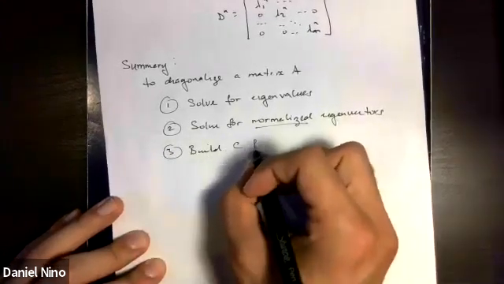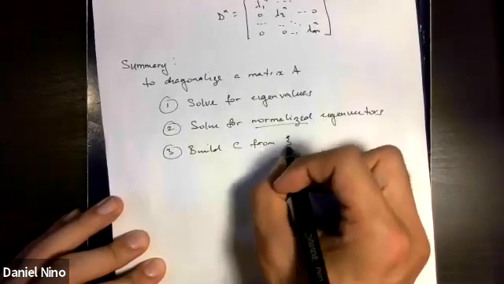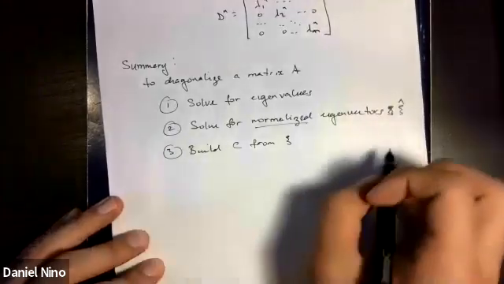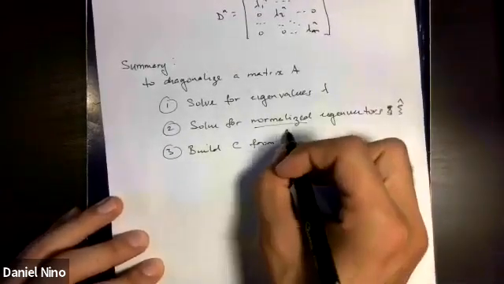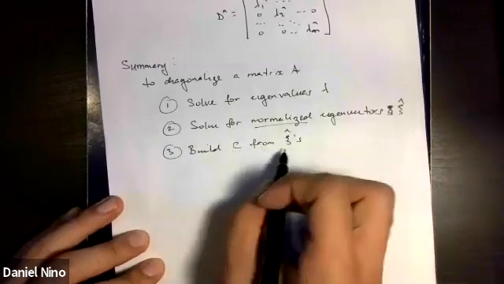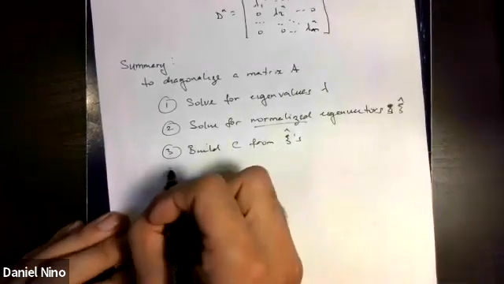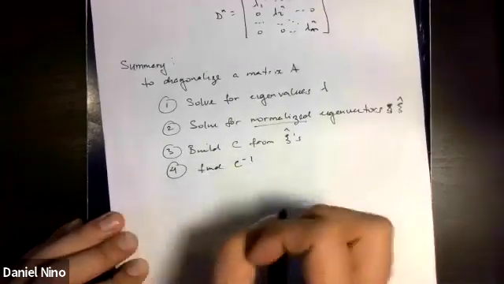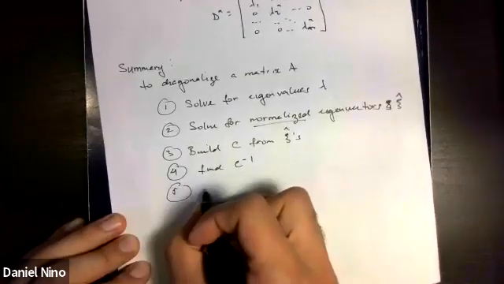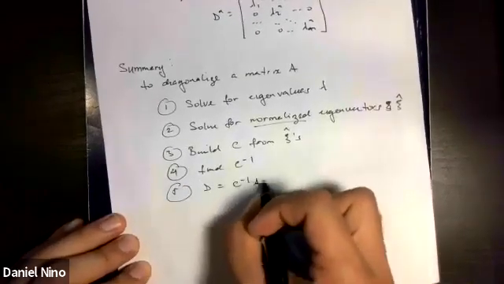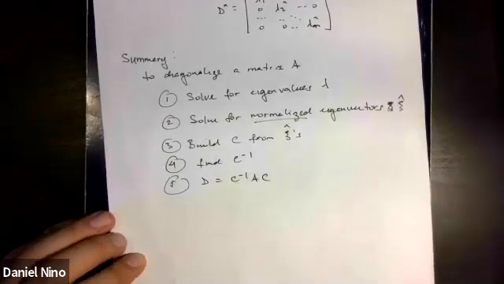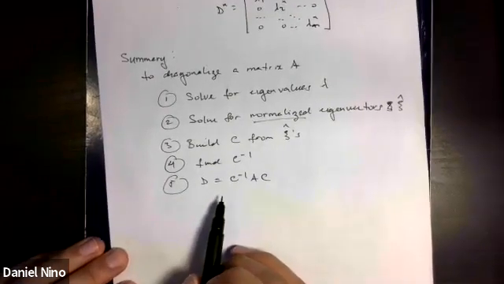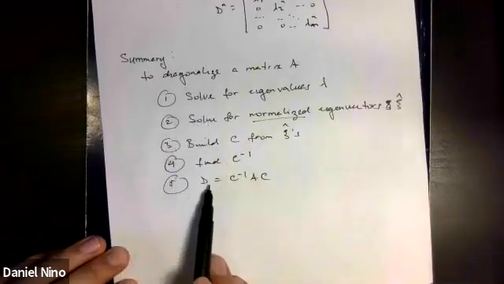You build your matrix C from your normalized eigenvectors. You find the inverse of that matrix, and then you find D by calculating this transformation. All right. In the next video, we'll go through an example with a 3 by 3 matrix carrying out this procedure.